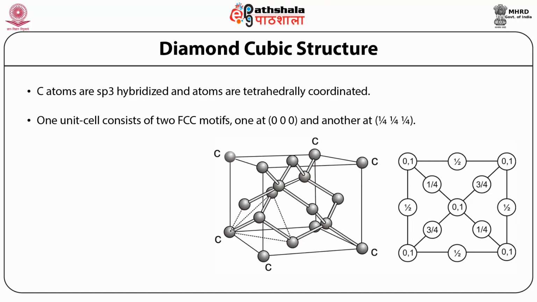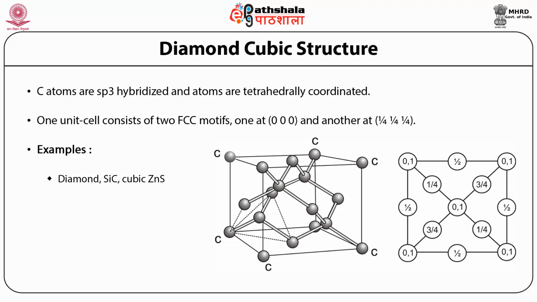In the case of other semiconducting compounds such as silicon carbide, zinc oxide, ZnO, and zinc sulfide, ZnS, one FCC lattice can be formed by one type of atom and the remaining atoms of the other type occupy half of the tetrahedral sites.